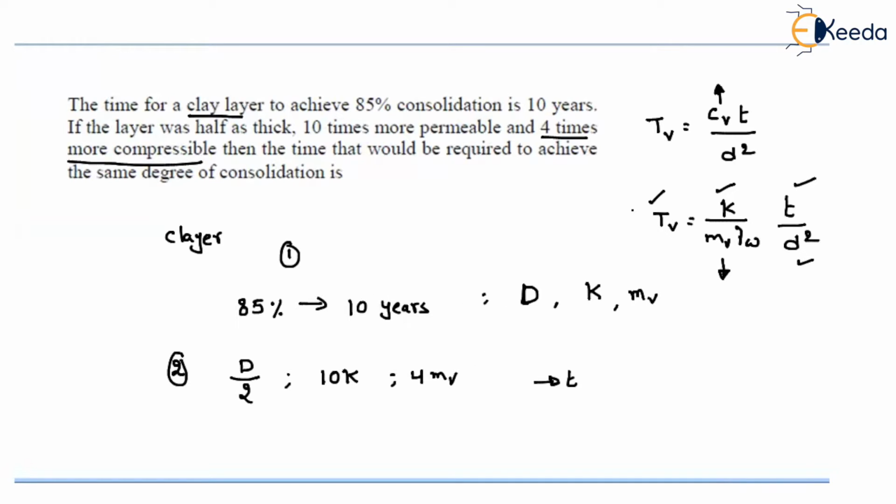So for the same degree of consolidation, TV is constant and gamma W is constant. So what is the parameter? We have to find the time.